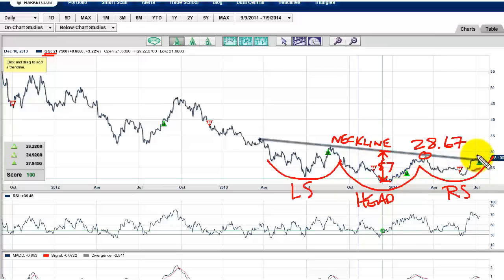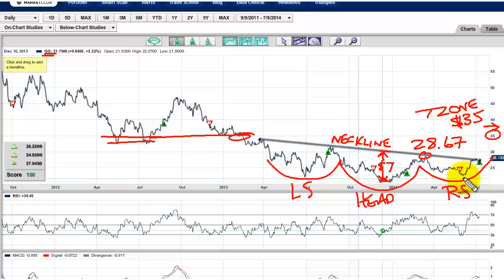So if you take $7 on to, let's say, 28, that takes you up to 35, which gets you back into this area where it was former support and now it should be resistance. So I would imagine somewhere between 35 and 37 is the target zone. Let's just put that at 35, which is still a very nice return from where you are right now.